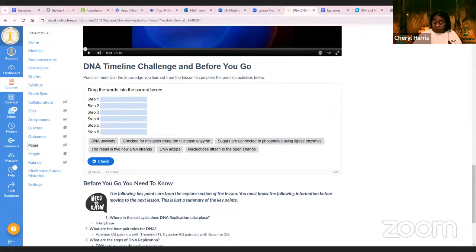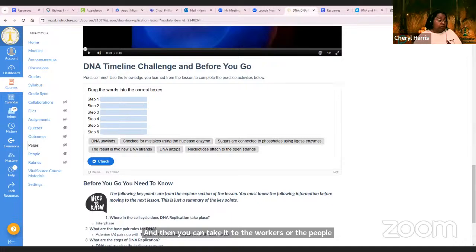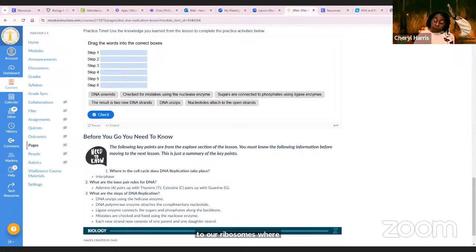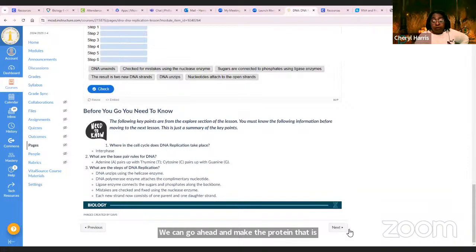Then you can take it to the workers or the people who have to build whatever is in the instructions, and the originals stay in the office. So that's the concept of DNA replication. We want to make a copy that can go outside to our ribosomes where the information can be read, and we can go ahead and make the protein that is being instructed by the DNA.